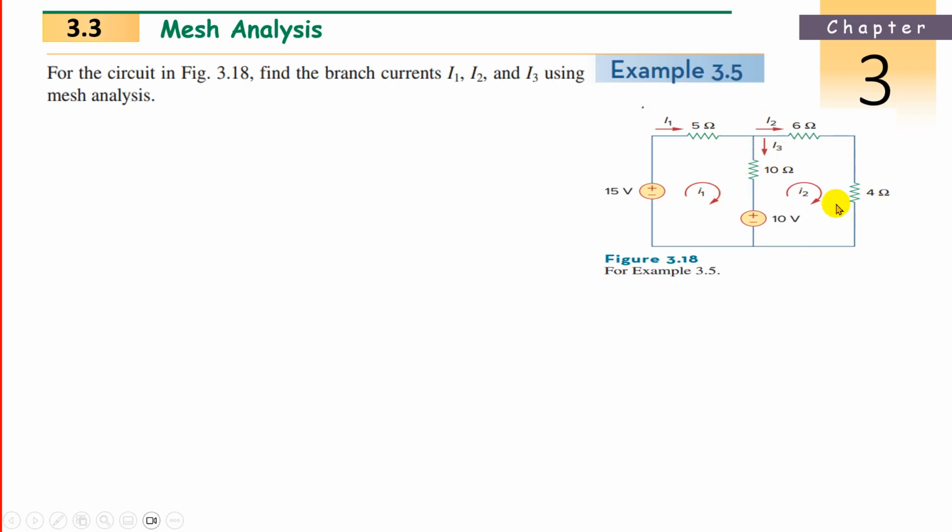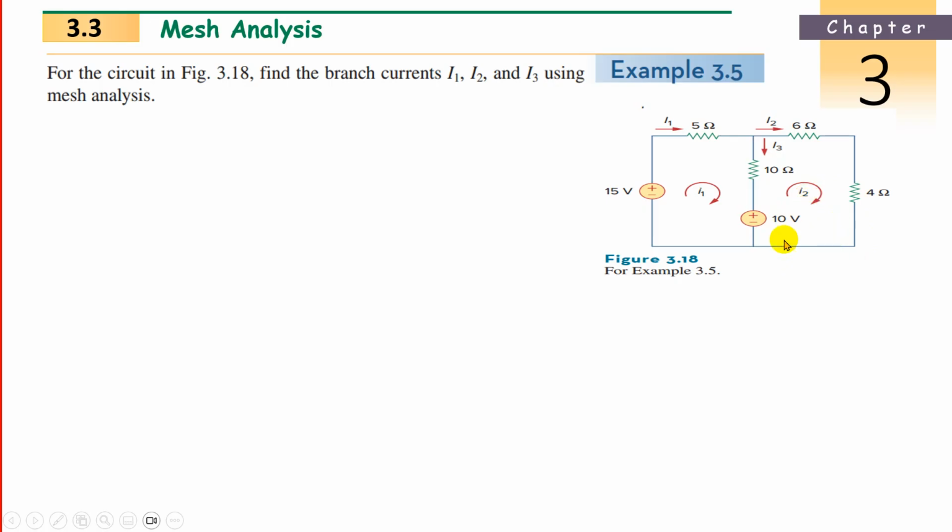Now coming to the second loop. You can start from the 6, no problem. Current is entering, so 6 times I2 plus 6 times I4. Now current is leaving, and leaving means minus 10.